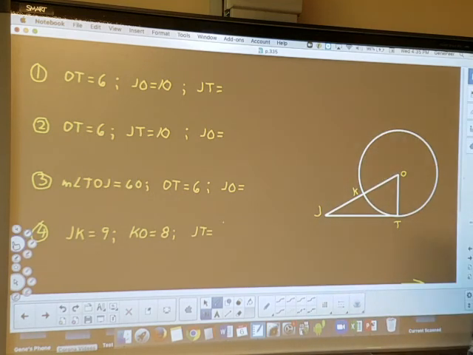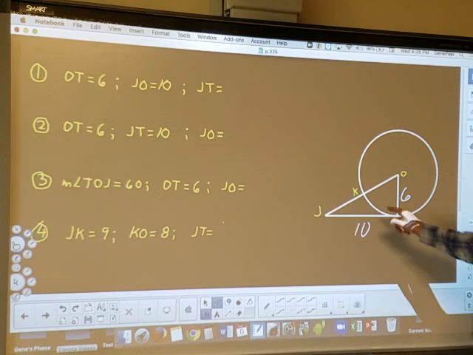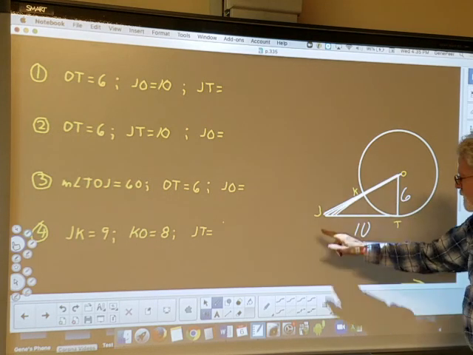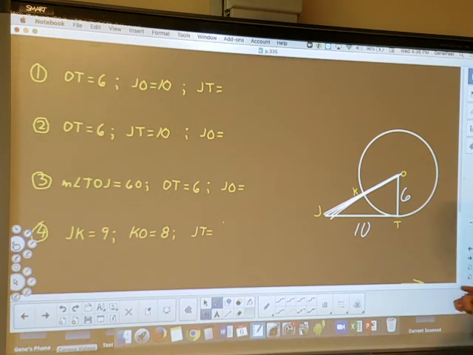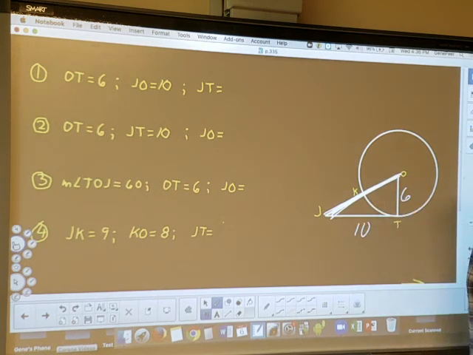Okay, for number 2, if OT is 6 and JT is 10, we're looking for JO. Oh, well, that's a little bit too easy, isn't it? Well, not really, but it's a 3, 4, 5 ratio. No. If it's a 3, 4, 5 ratio, the 5 would have to be the hypotenuse. It's not. They're trying to trick us.